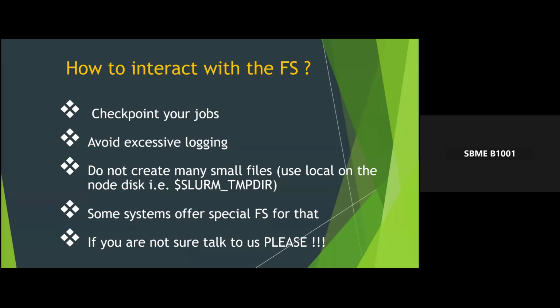If your code is a little bit clunky and needs a lot of small files, plenty of them, again, writing to the global file system is an expensive operation. It will slow the entire file system's responsiveness, will slow your code, and will slow everybody around.